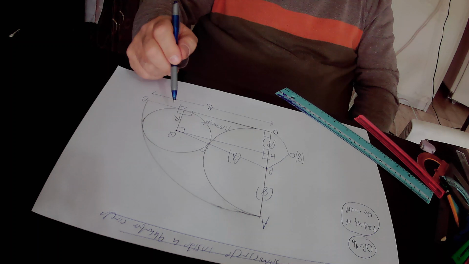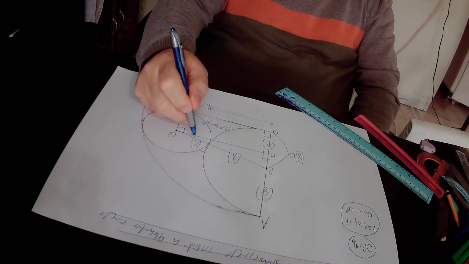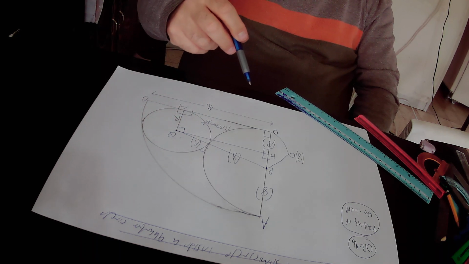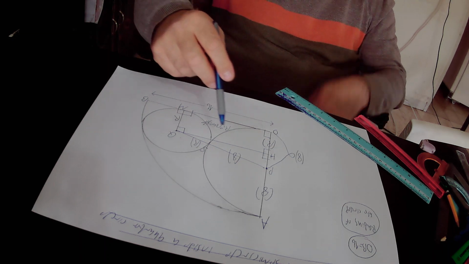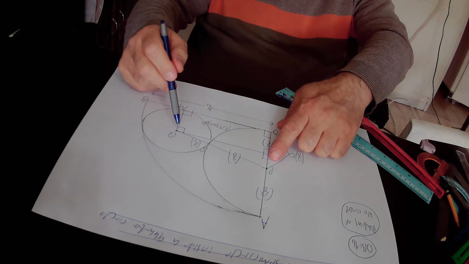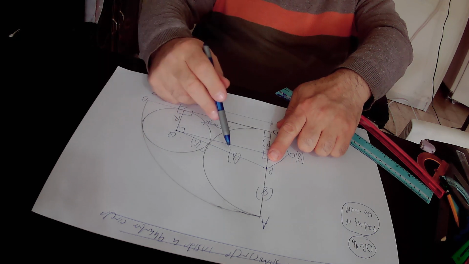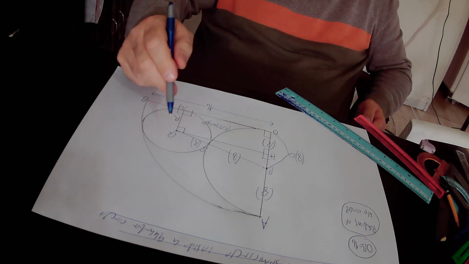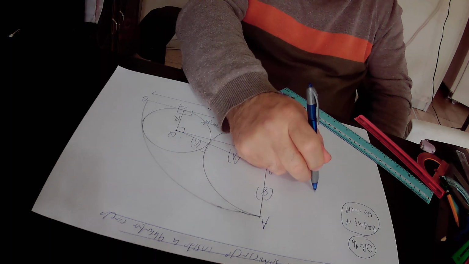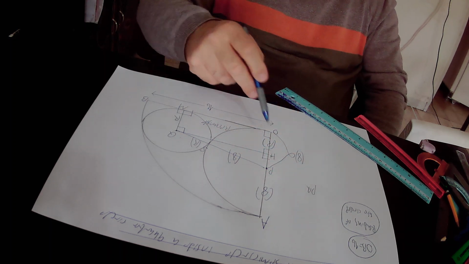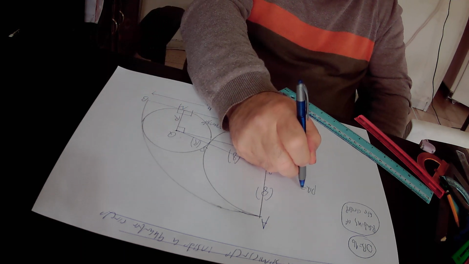Therefore, QS is the radius of this small circle, that equals capital R. So in total, the distance between the centers of the semicircle and the small circle, the distance PQ, equals 8 plus R.